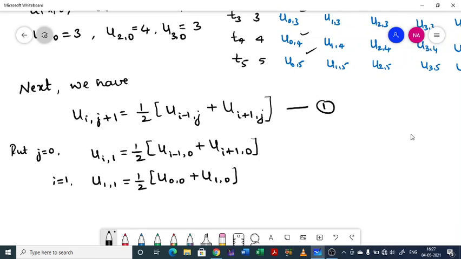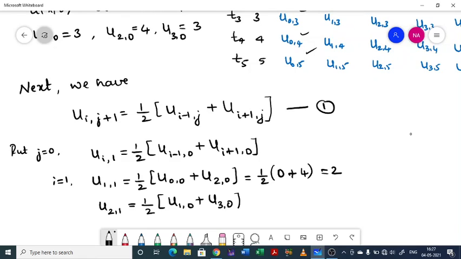Okay, i equal to 1, it is not 1,0, it is 2,0. So it will be 1 by 2 times of 0 plus 4, so we get 2. u(2,1) equal to 1 by 2 times of u(1,0) plus u(3,0). So that will be 1 by 2 times of 3 plus 3.